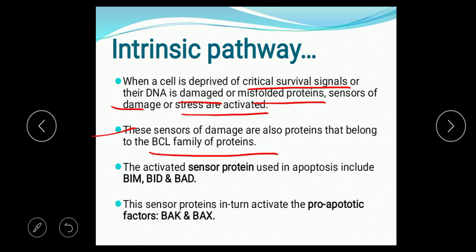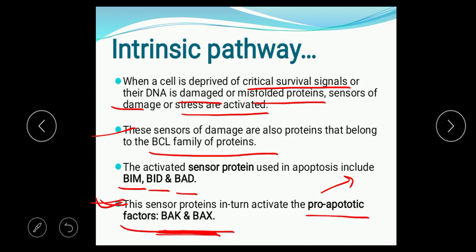The activated sensor proteins used in apoptosis include BIM, BID, BAD, and another one is BAX and BAK. These sensor proteins in turn activate the pro-apoptotic factors, they are BAX and BAK. Pro-apoptotic factor means they are death inducers, supporters of the apoptosis process. Remember? Guys, these sensor proteins will activate BAX and BAK, and the function of BAK and BAX is in permeabilization of the mitochondrial membrane.